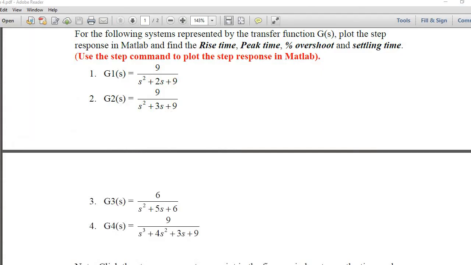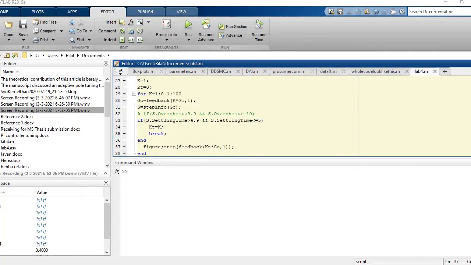So this is your lab 4. You just need to do it, and the main idea here is that you actually design a controller. Let me look at the results we get.